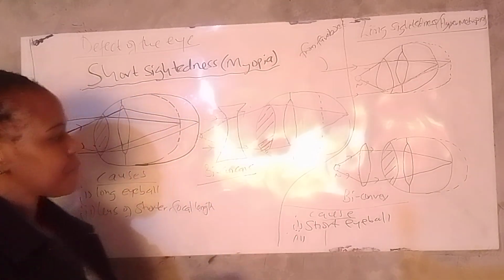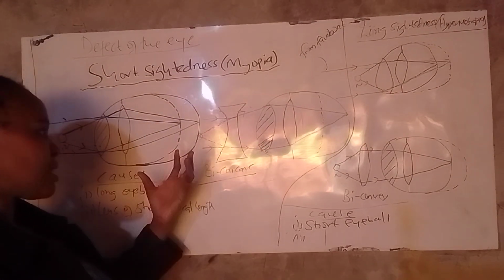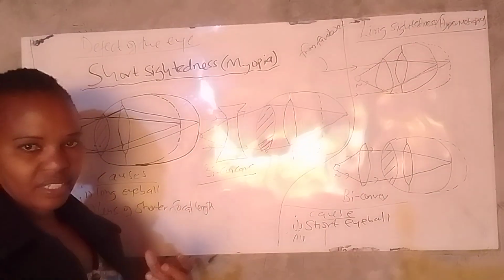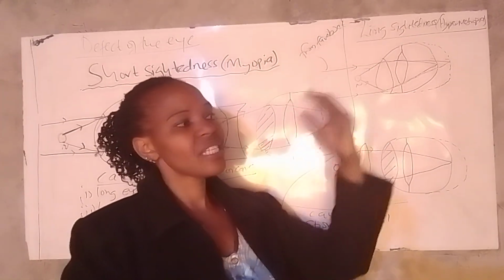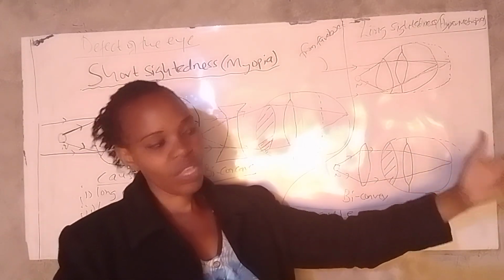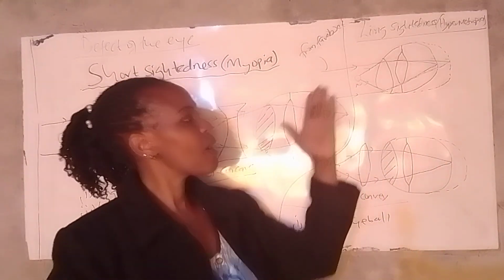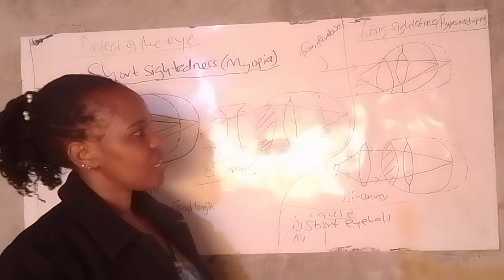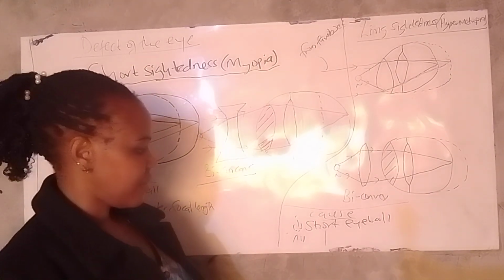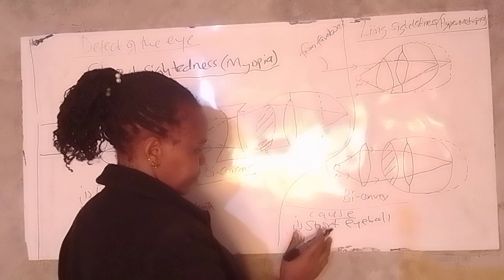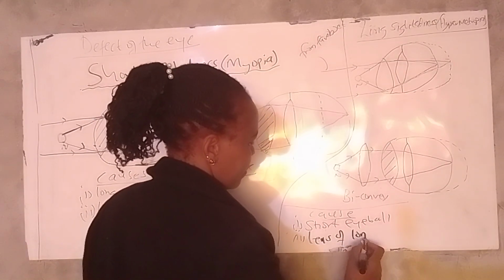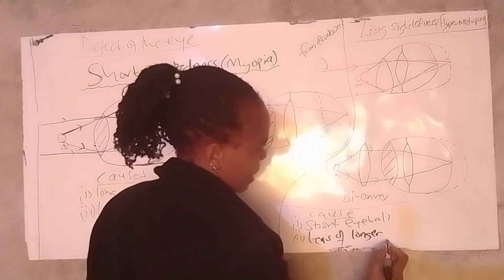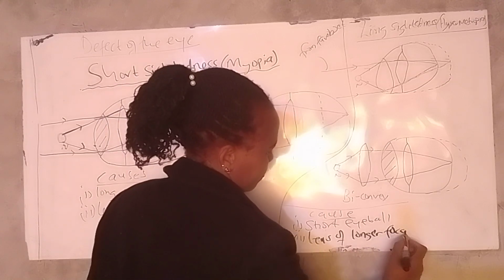That's why you are seeing when the focal length is short, images form before we get to the retina. But when the focal length is long, then images form far from the lens and they might form beyond the retina, which now gives us the long-sightedness. So this one is a lens of long or longer focal length.